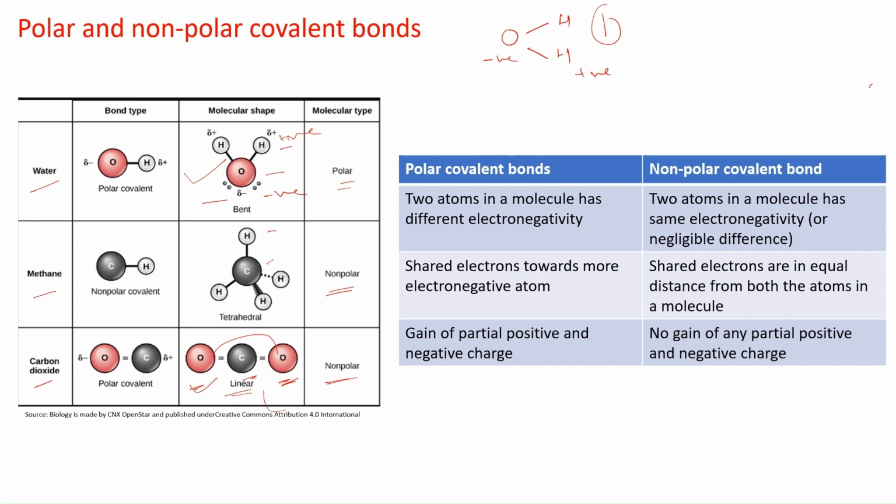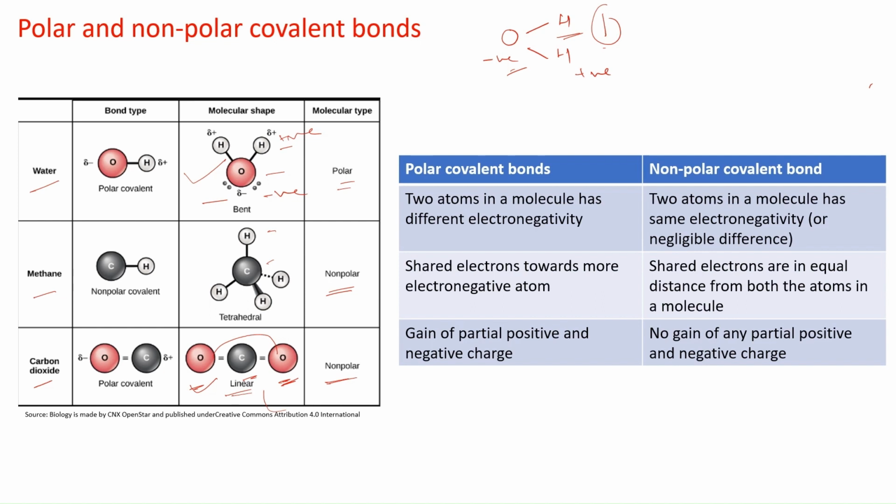Because if hydrogen donates 1 electron, it cannot exist because it has only 1 electron. And because oxygen is much more electronegative compared to hydrogen, it cannot take an electron from oxygen. So hydrogen cannot donate, and it cannot take an electron from oxygen either. That's why they are involved in covalent bond formation.